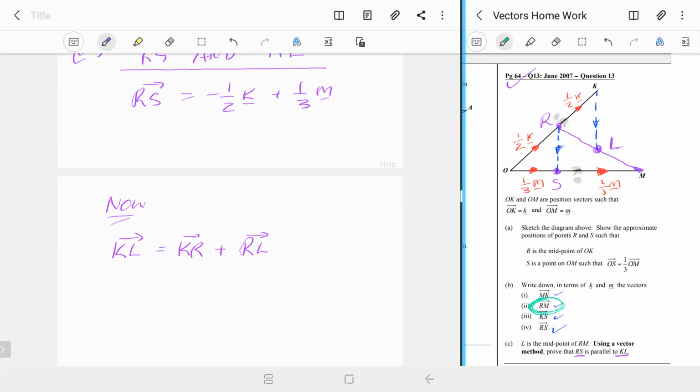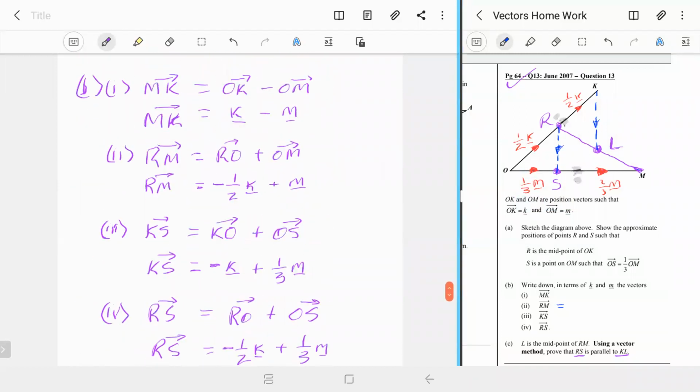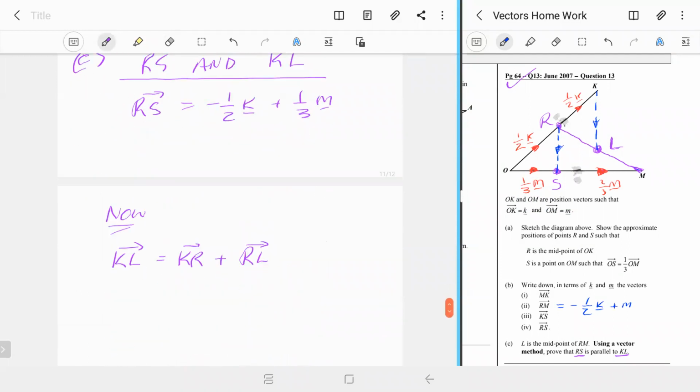Let me write out the RM down here so we can have it to look at. Write it in blue. We worked out the RM already. See here, it was minus half K plus M. Come back down here, because now we are trying to find KL.